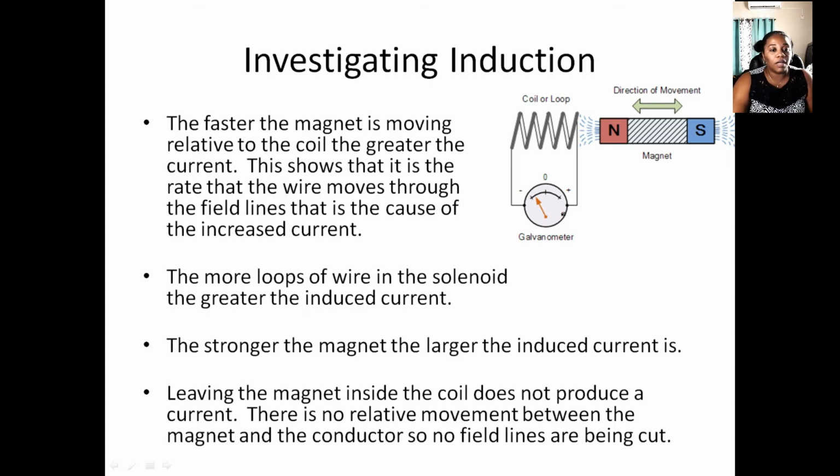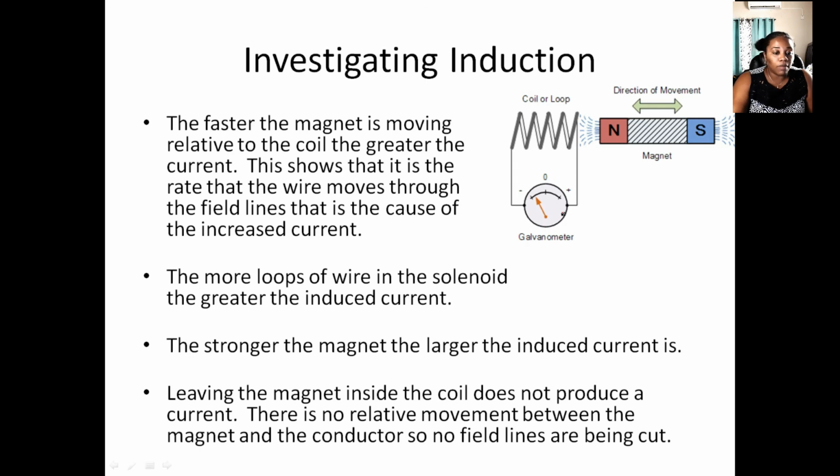The faster the magnet is moving relative to the coil, the greater the current. So in and out, the current will be faster. This shows that it is the rate that the wire moves through the field lines that is the cause of the increased current. The more loops of wire in the solenoid, the greater the induced current.